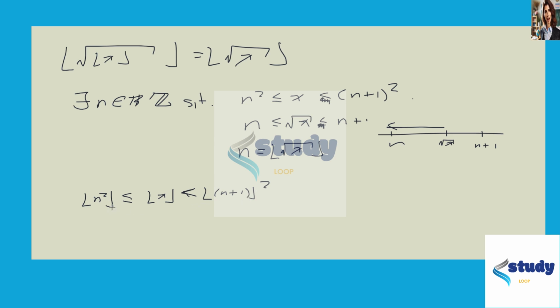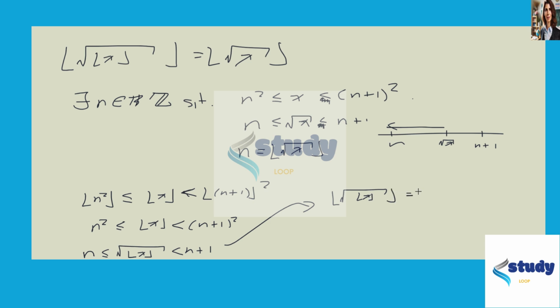Then the floor of n squared is just n squared, so that's less than or equal to the floor of x. That's less than the floor of an integer, which is still an integer, so it'll be n plus 1 squared. Then taking square roots of everything, we have n is less than or equal to square root of floor of x, which is less than n plus 1. So once again, we are bounded between n and n plus 1, so we'll just take the bottom one. Therefore, the floor of square root of floor of x is equal to n.